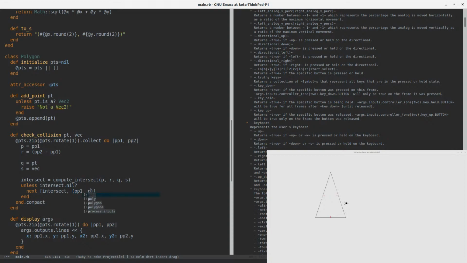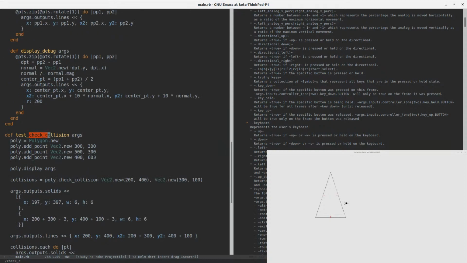P1 comma P2, I don't know why I wrote it that way. P1 comma P2. So this is our line. And now everything will break because our intersect check collision does not give us what we expect.